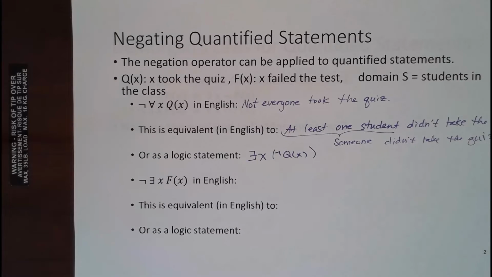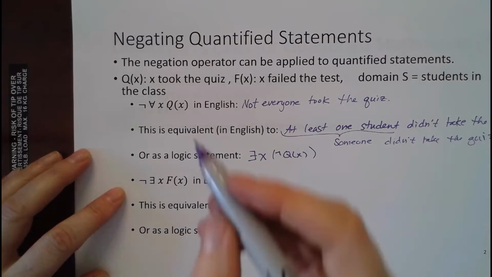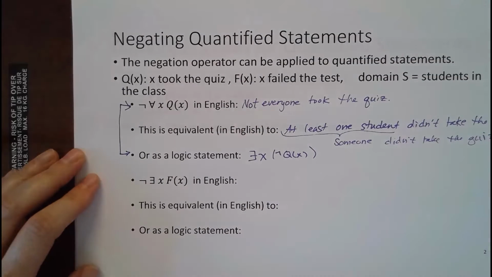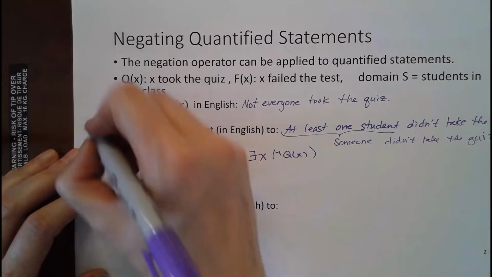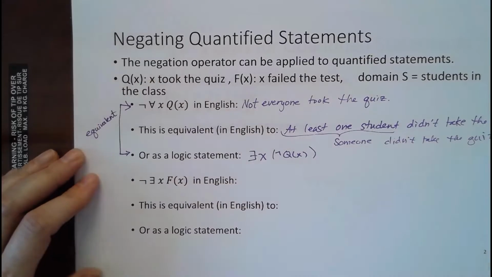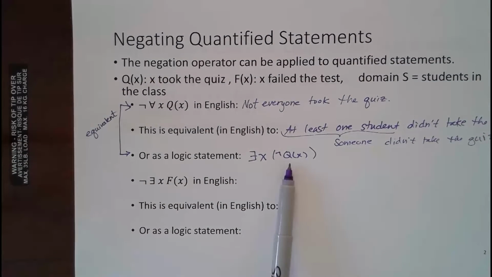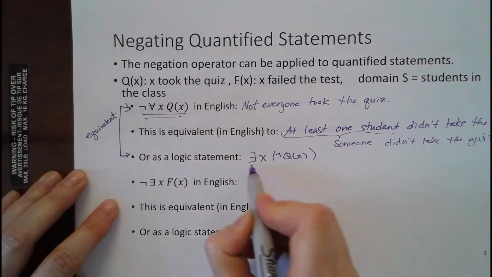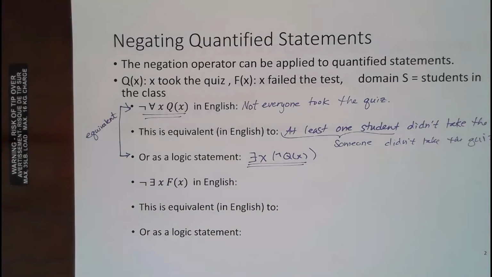Alright, so notice that these two are equivalent. They're saying the same thing. This one is just a little bit easier for us to understand, but this one right here and this one right here are exactly the same.